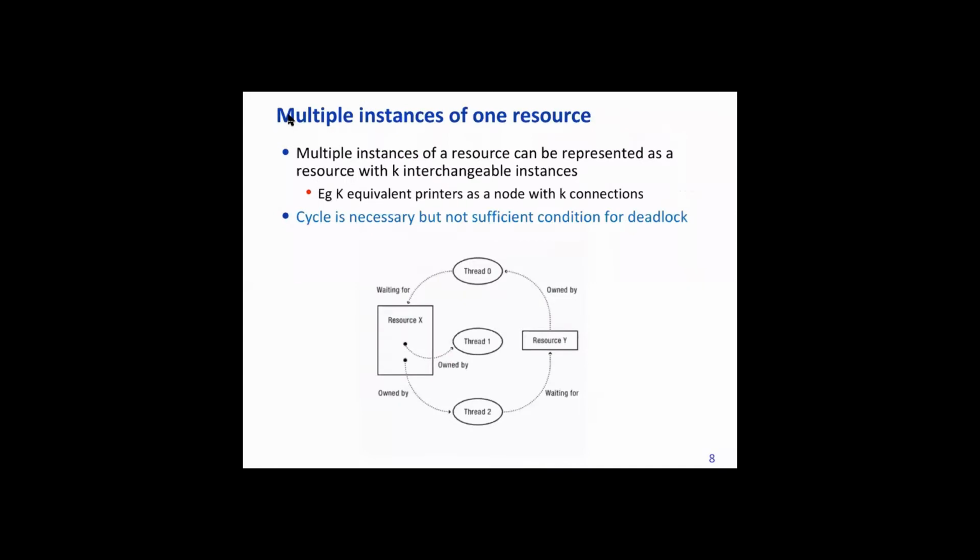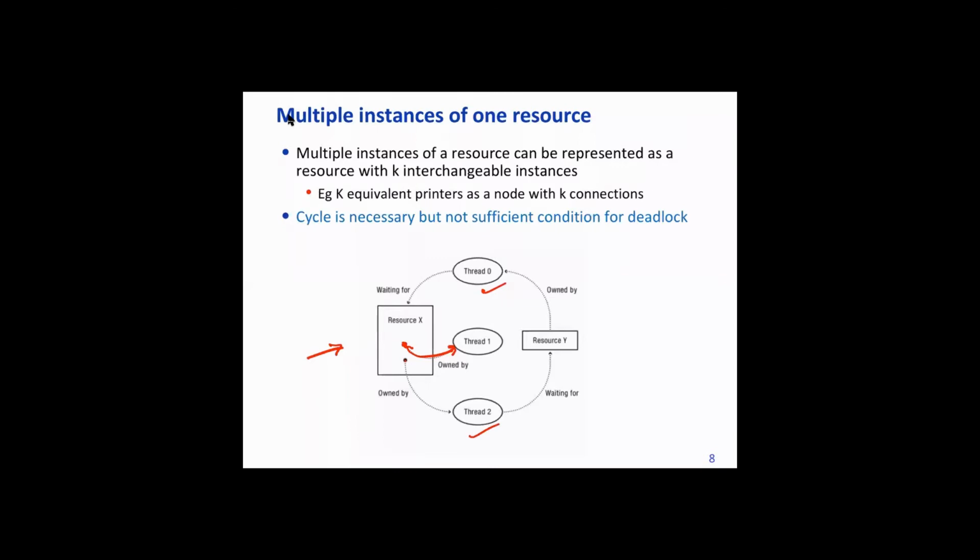We know this diagram, and then we have looked also at this diagram wherein we have multiple units of resources, and note that thread 0 and thread 2 are in a kind of circular wait, wherein thread 1 is holding a resource of type X. At this instant of time when thread 1 is holding this resource of type X, we can see that all four conditions are satisfied, while the system is not in a deadlock state.